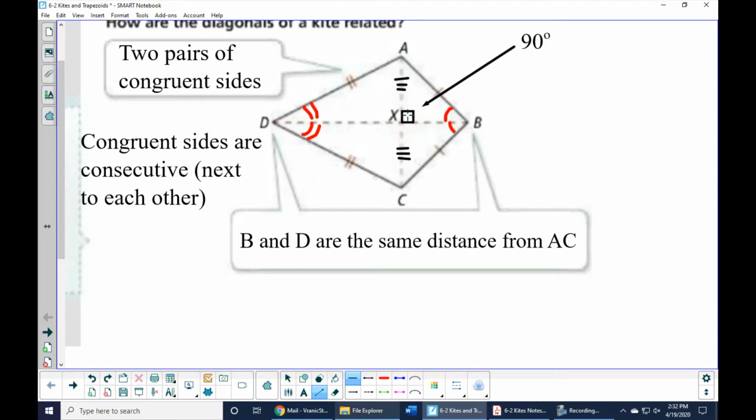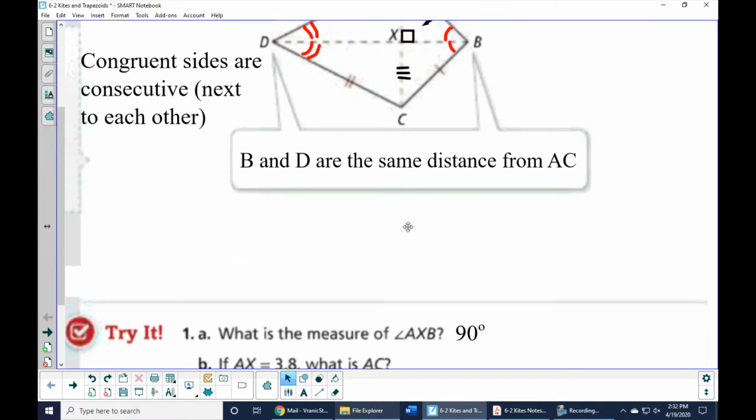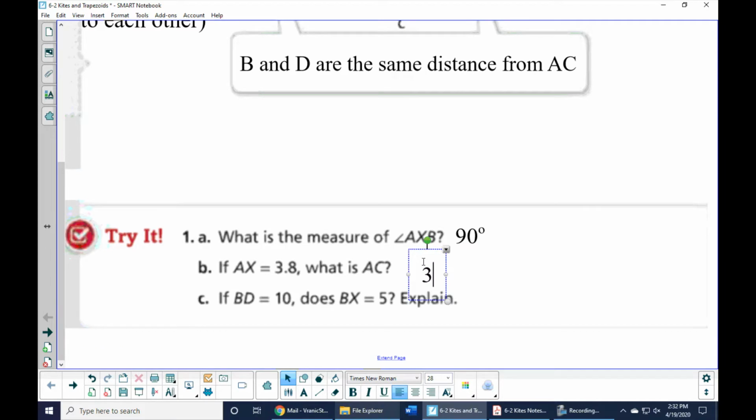So this little segment is equal to this little segment. So if we said this is 3.8 and we want to figure out the whole thing, AC, then we need to do 3.8 times 2, and that's going to come out to equal 7.6. Okay, so there's our answer for B.